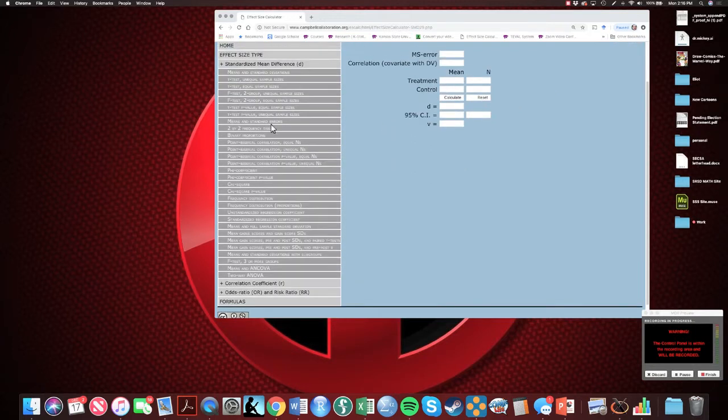Again, we could use gain scores if we have the gain score standard deviations, and I don't think that one did. We don't have that.